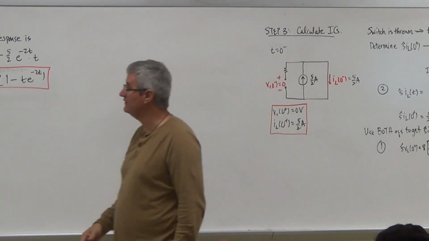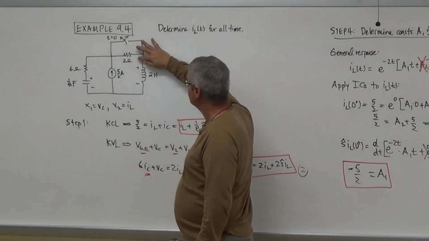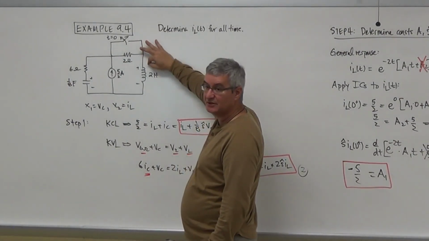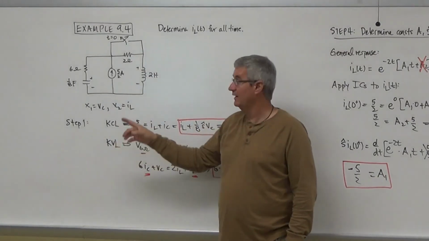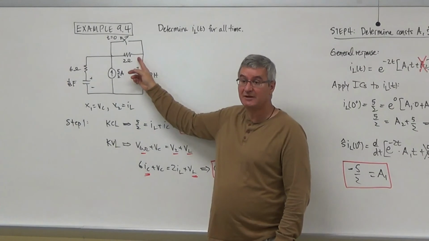So when I look at this guy here, if this switch is closed, what I'm seeing here is that there is less resistance that this inductor is seeing, right? If I include this 2 ohm resistor, there's less resistance that I'm seeing.